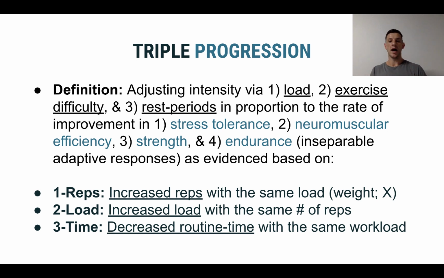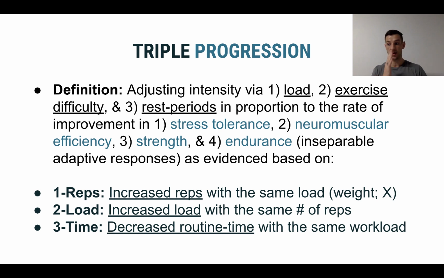Okay. And so that's the double progressive system, which includes the 2 ways that we can increase the intensity, right? So we trade reps for load, and load comes in 2 forms, either more weight or we make the exercise more difficult. That gives us 2 ways to adjust the intensity. The third way we can adjust the intensity is by decreasing the total workout time, being sensitive to the total workout time.